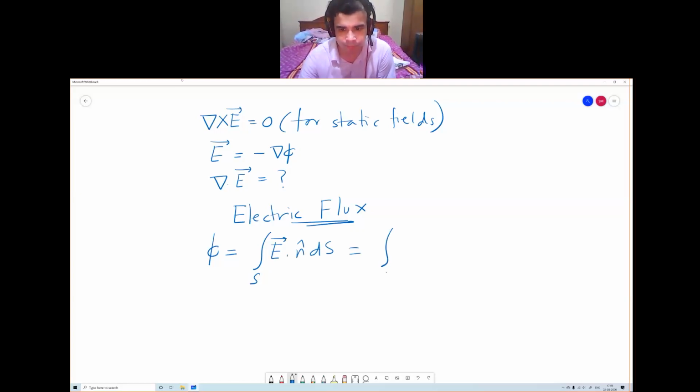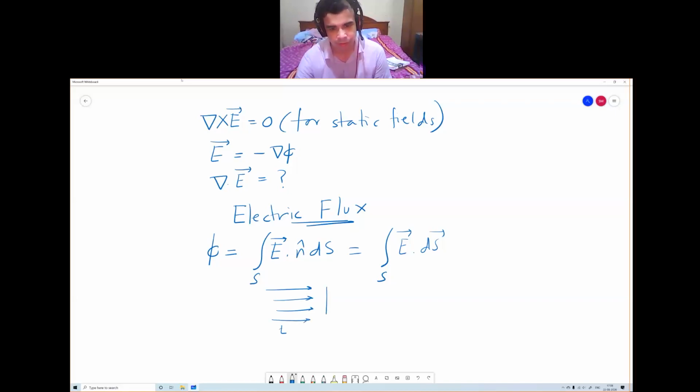If the electric field is in this direction and the surface is in this direction, then obviously the flux will be E n ds.